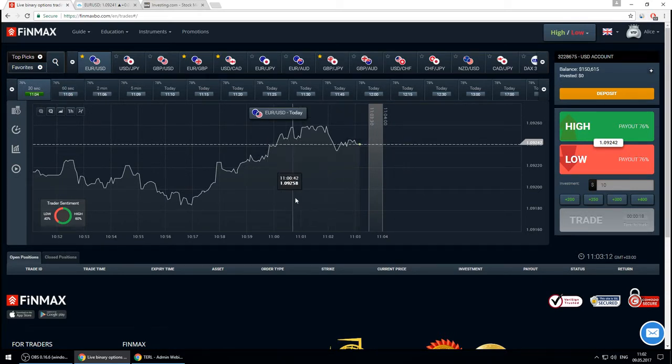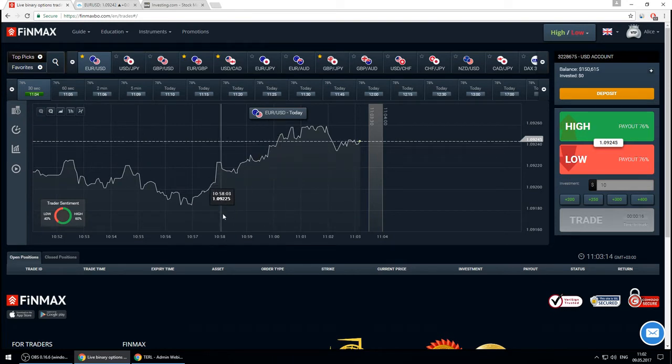So basically, it allows you to open really short-term trades and make money on the smallest fluctuations of the market.